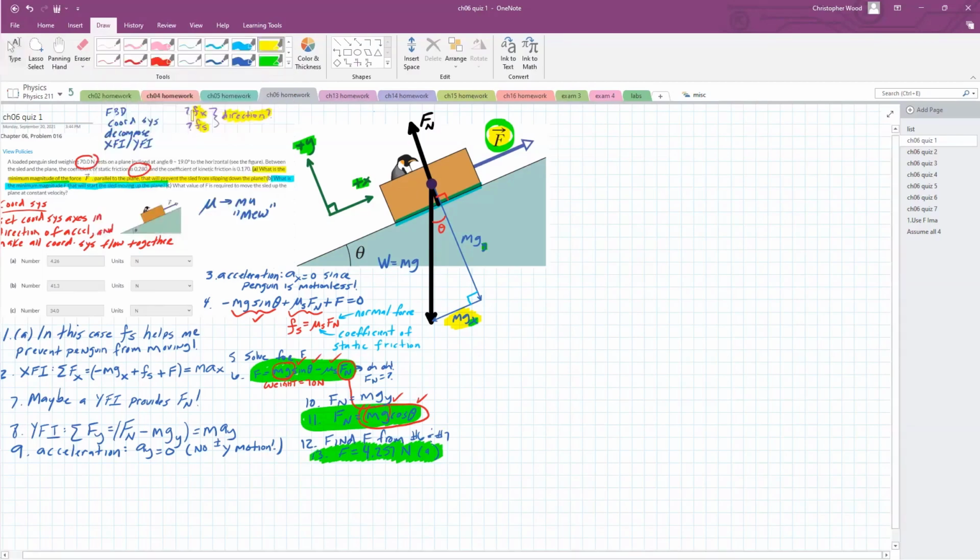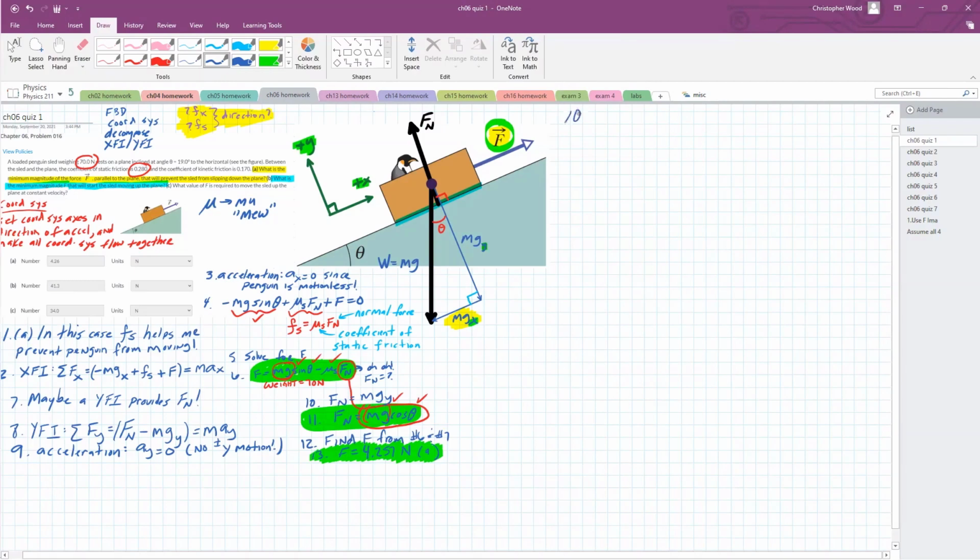I'm asking myself, do I need to worry about kinetic friction or do I need to worry about static friction? And what about direction? This is my internal dialogue. I'm reading part B. What is the minimum F that will just start the sled moving up the plane?